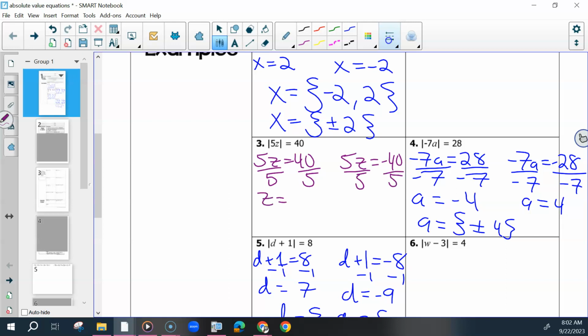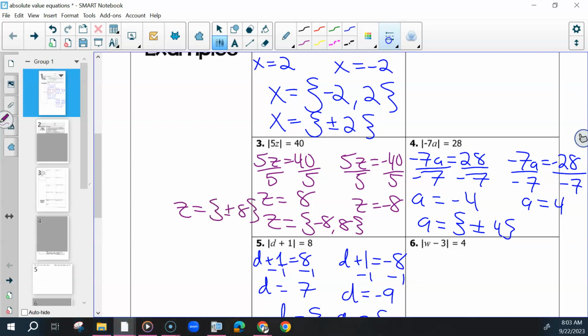So what would our two answers be? -8 and 8, or you can put it as z equals plus or minus 8. Either or. So you always should have the negative number before the positive number? Yes, always, least to greatest.